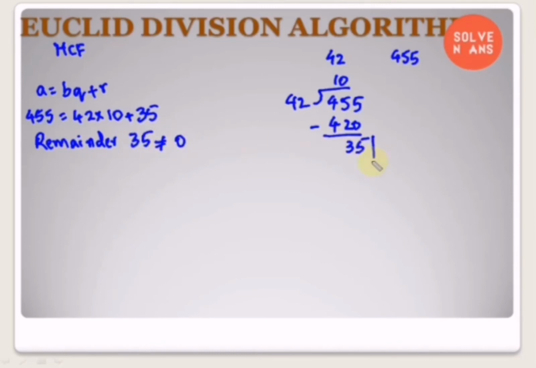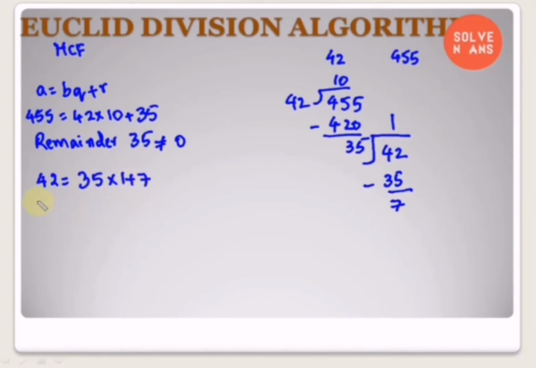Continue dividing further. Again this 35 is the divisor, and 42, the divisor earlier, becomes the dividend now. 35 ones are 35 and I get a remainder 7 here, which is not equal to 0 again. This step I will write in the form of lemma.